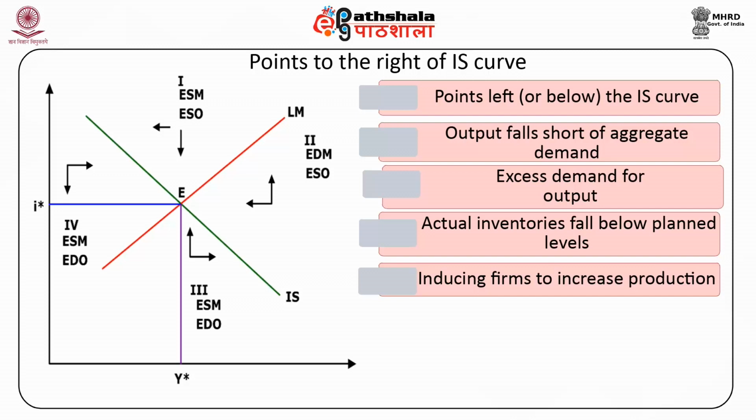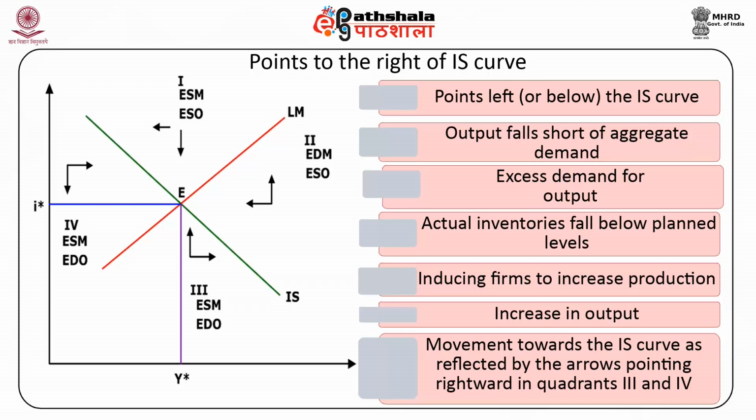This results in an increase in output and a movement towards the IS curve, as reflected by the arrows pointing rightward in quadrants 3 and 4.